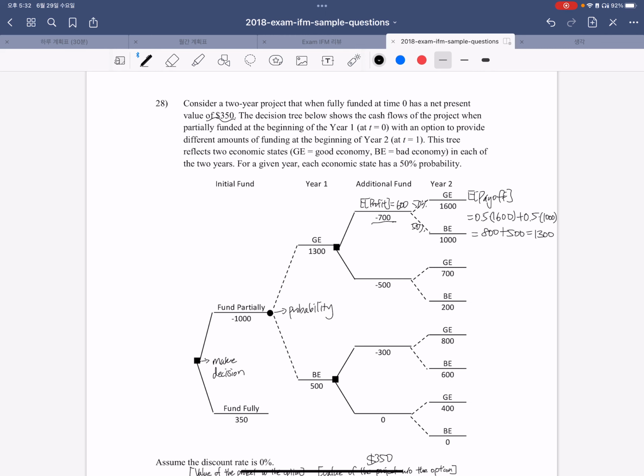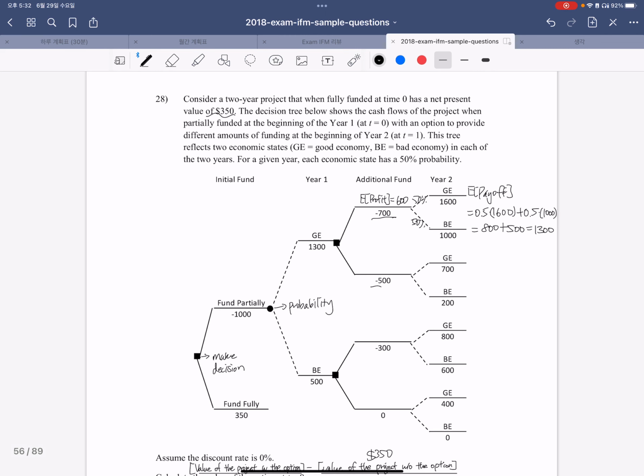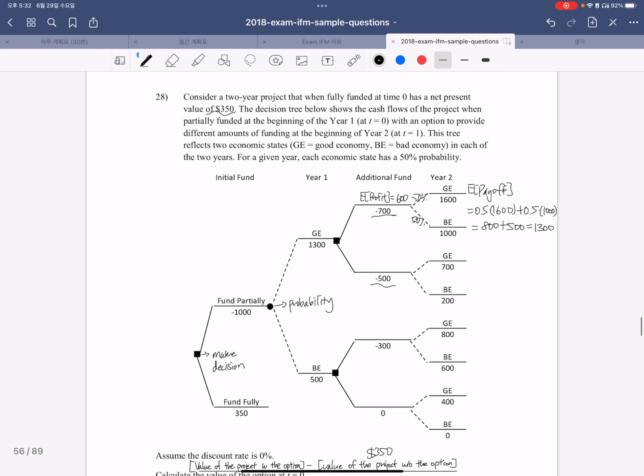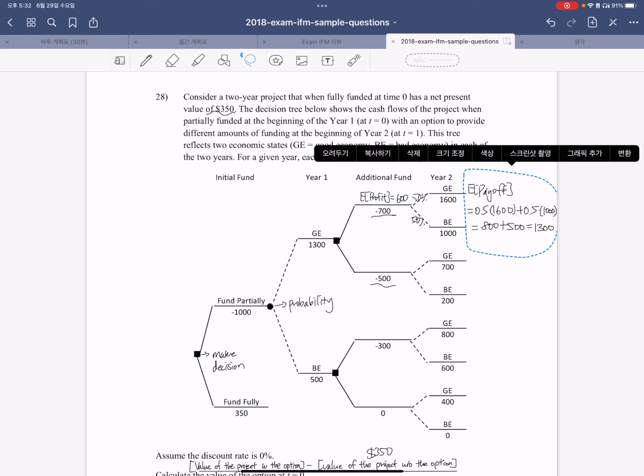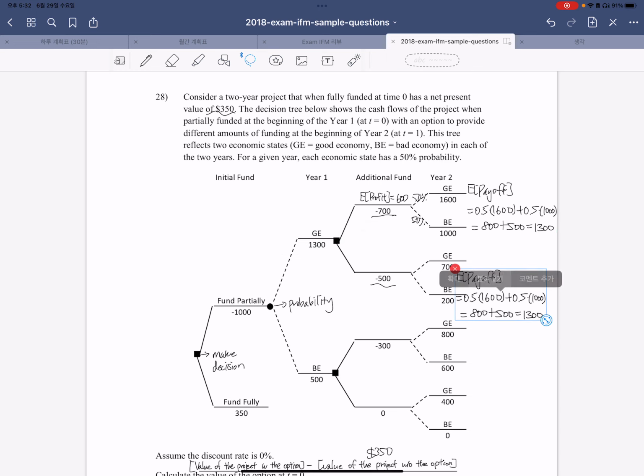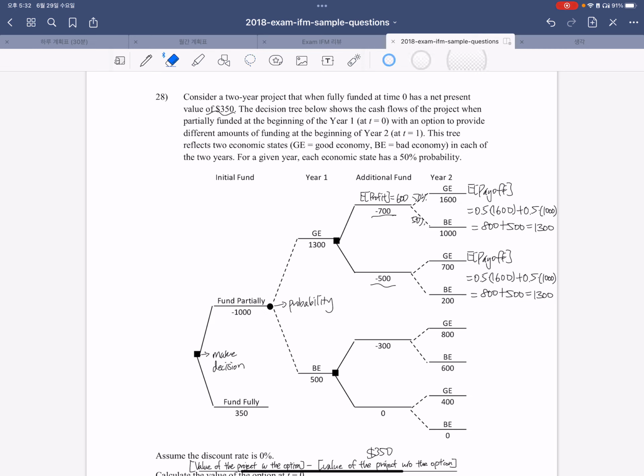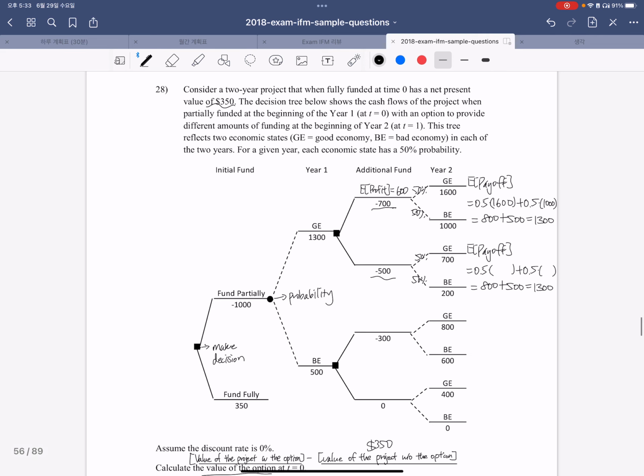All right, so okay, let's suppose we get 500 of additional funds, and the expected payoff has exactly the same structure, so I'll just copy and paste the expected payoff, but the numbers will be slightly different. We get the same chance of being a good economy and bad economy here as well. So 50% chance of being a good economy and 50% chance of being a bad economy. When it's a good economy, the payoff would be 700.